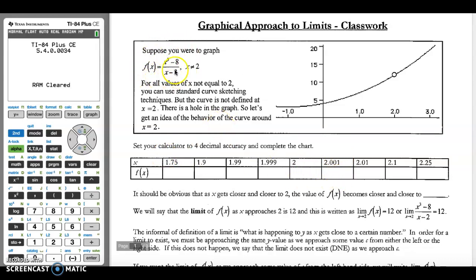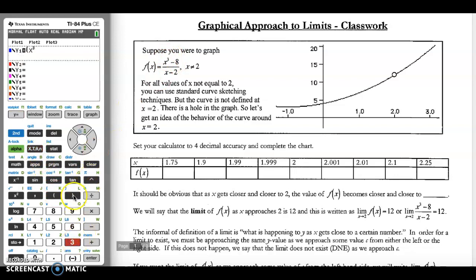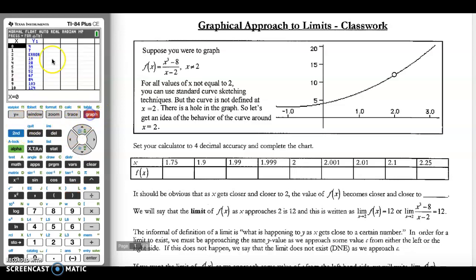To do that though, first I said you had to go to your y equals screen and plug in this equation. Make sure you put the numerator and the denominator in parentheses. So there's our x cubed minus 8 on top in parentheses divided by x minus 2 on the bottom, also in parentheses. And again, if we want to look at our table, we don't want our table to just come up with every option for us.